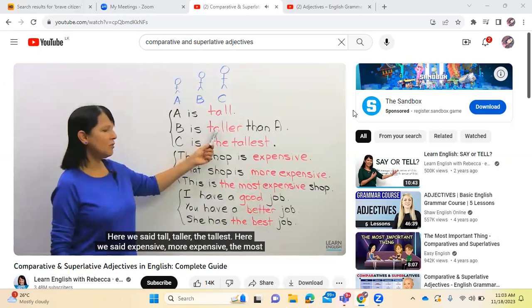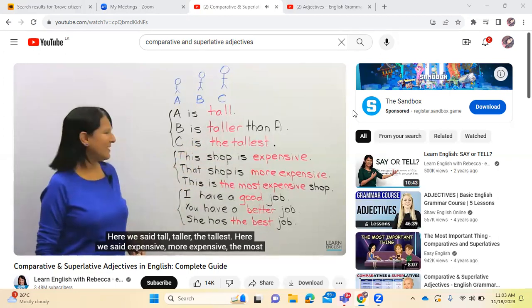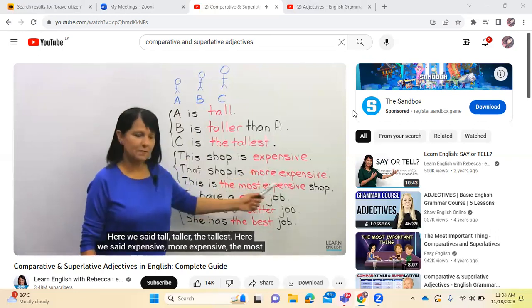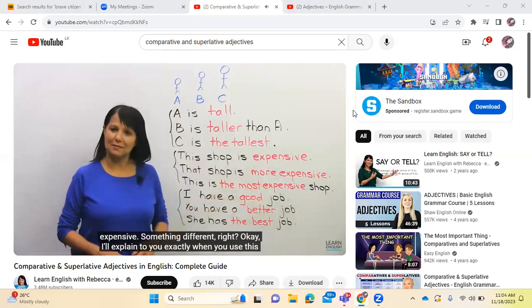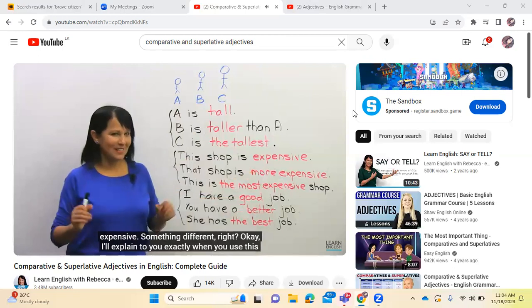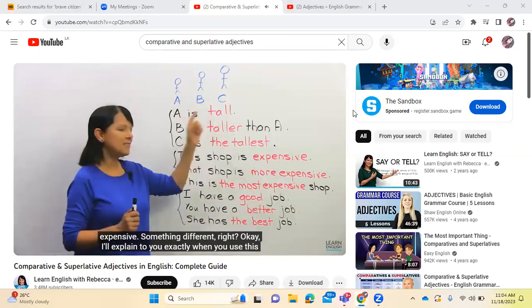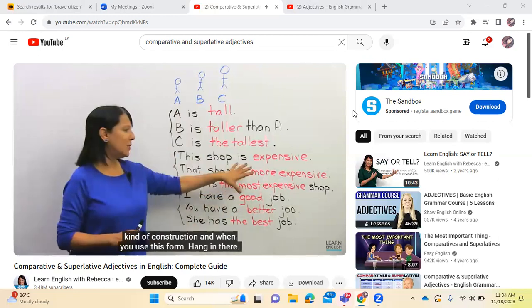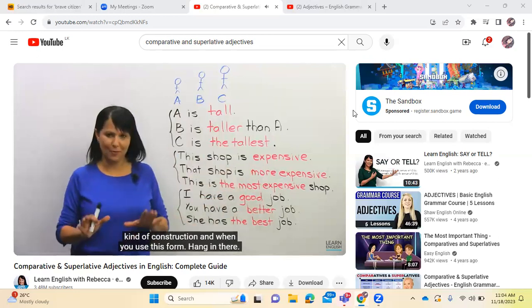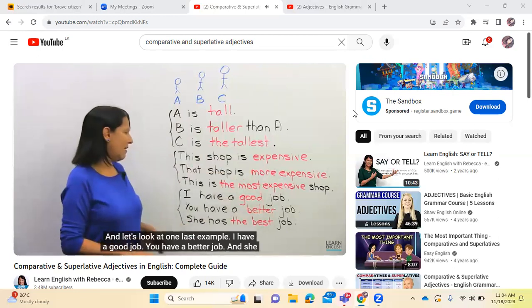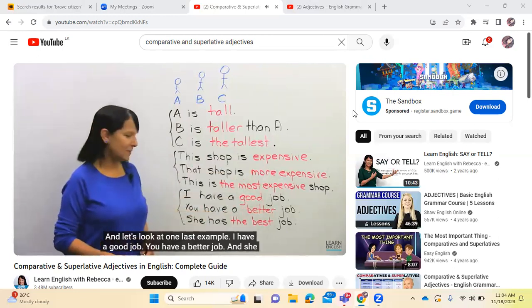Here we said tall, taller, the tallest. Here we said expensive, more expensive, the most expensive. Something different, right? Okay, I'll explain to you exactly when you use this kind of construction and when you use this form. Hang in there. And let's look at one last example. I have a good job.